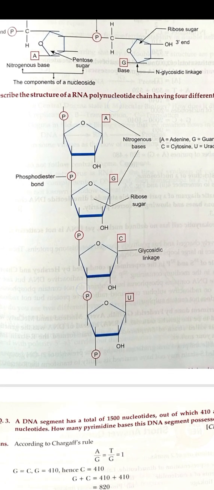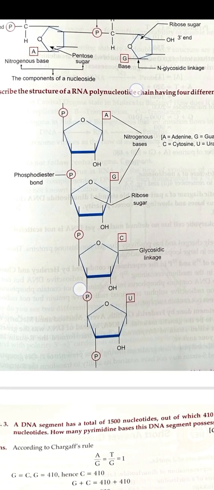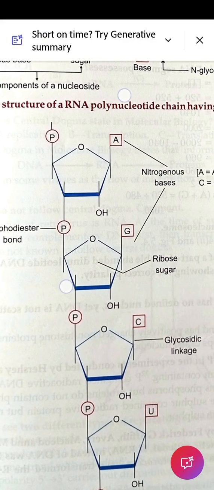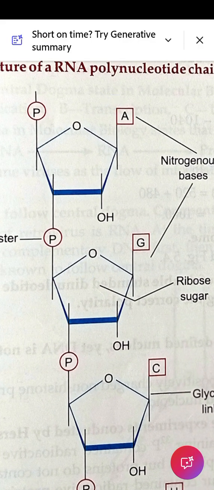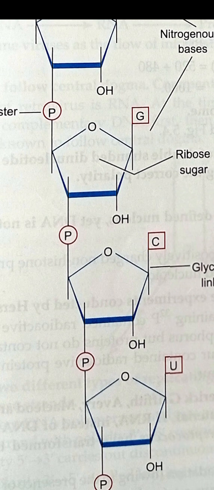Now the next question, second: describe the structure of an RNA polynucleotide chain having four different types of nucleotides. This is the same pattern question. You see here, many nucleotides are linked with each other to form nucleic acid.